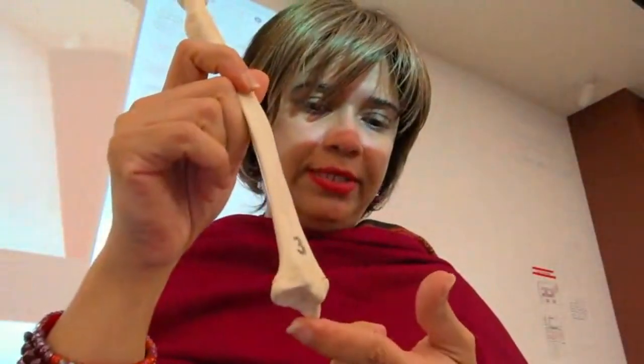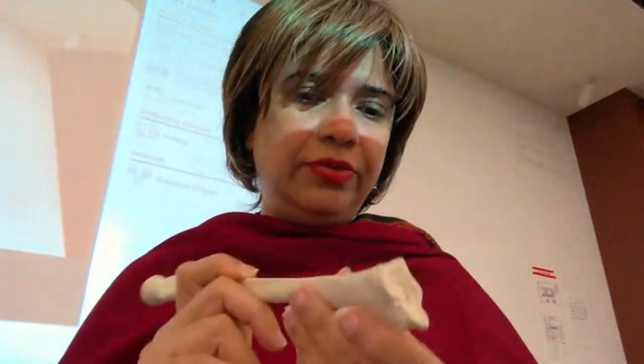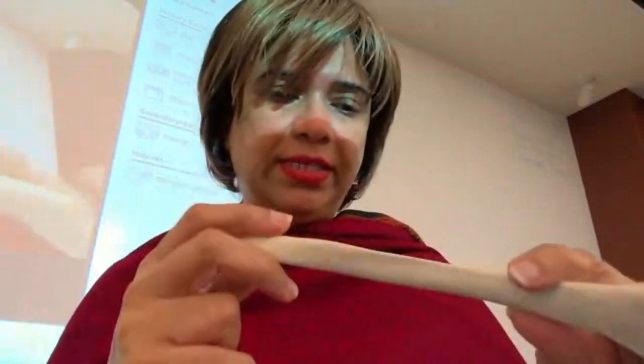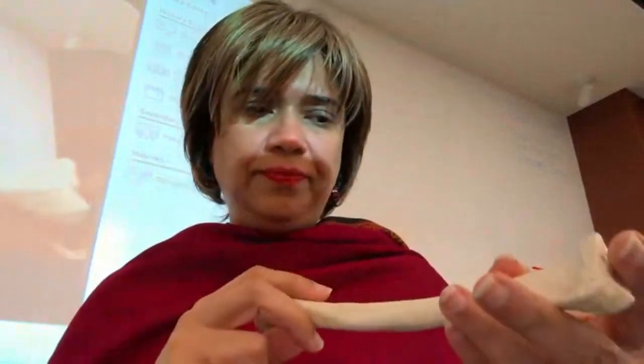This also has styloid process. Next to the styloid process on the undersurface, you see this triangular scaphoid facet or scaphoid fossa. This rectangular one is lunate facet or facet for lunate. And that's your radius.